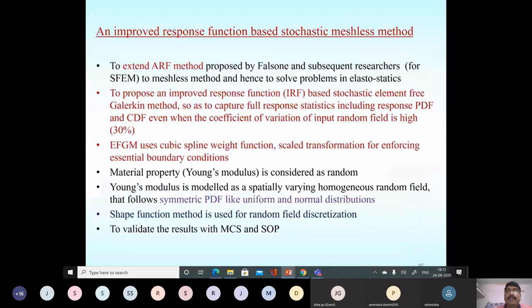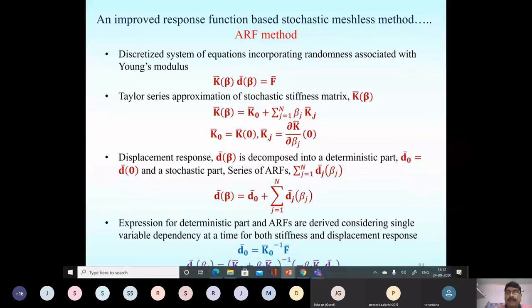Use Taylor series expansion for the stiffness matrix, whereas the displacement is discretized into a set of functions. So each displacement function is a set of individual beta. So this is d1 of beta 1 plus d2 of beta 2, and if you pick the terms, you'll get a discretized set of equations, and then you solve for each of these d separately.